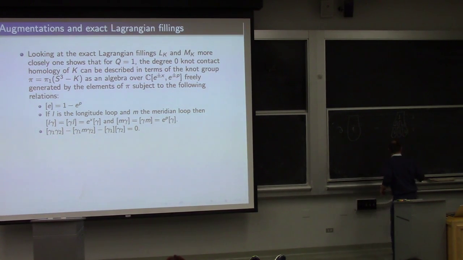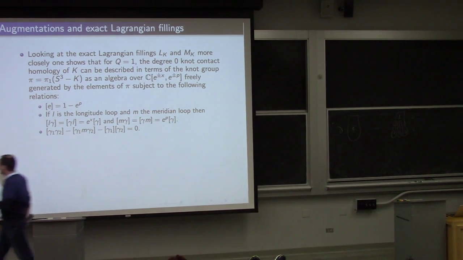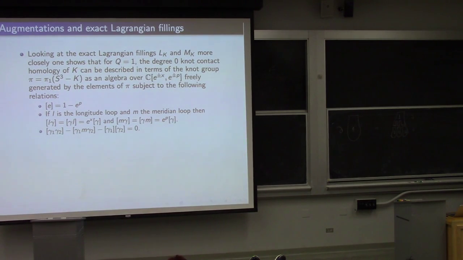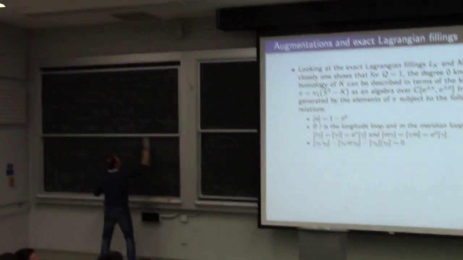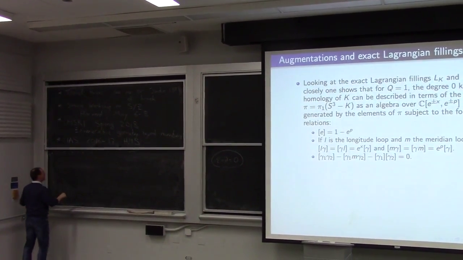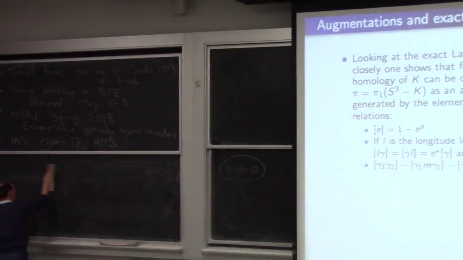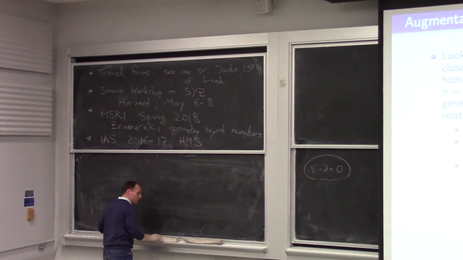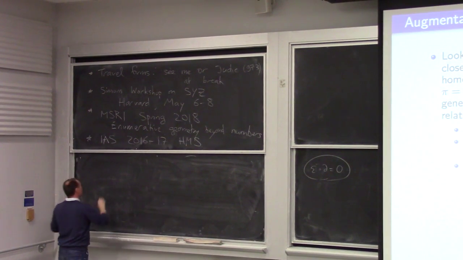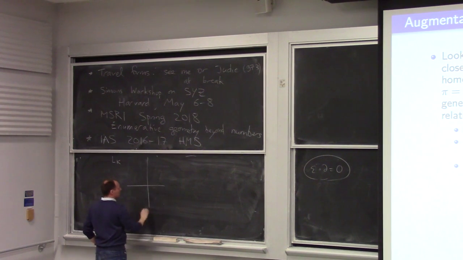One way of understanding this is looking at the string topology expression for the knot contact homology. So let me at least show the picture of this concept. The idea here is that you use this LK and you use this S3.